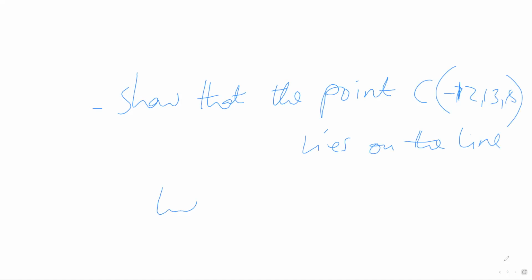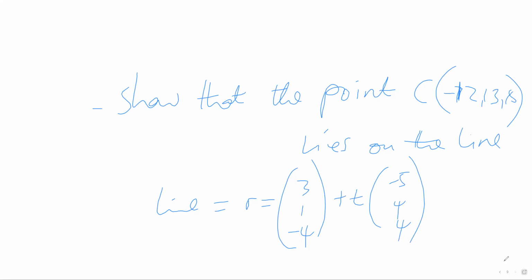Which line are they talking about? The line which we have written, which is (3, 1, -4) plus t(-5, 4, 4). That's the line we are talking about. So how do we show that this point lies on the line?